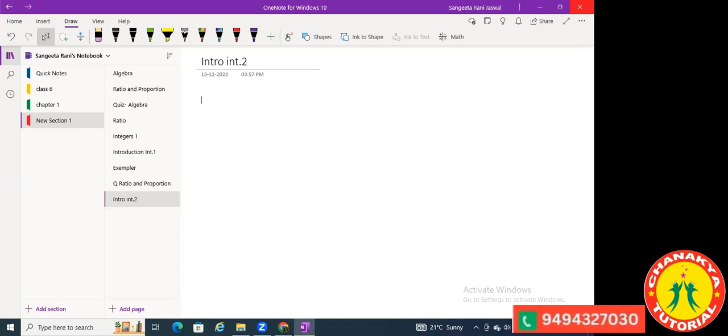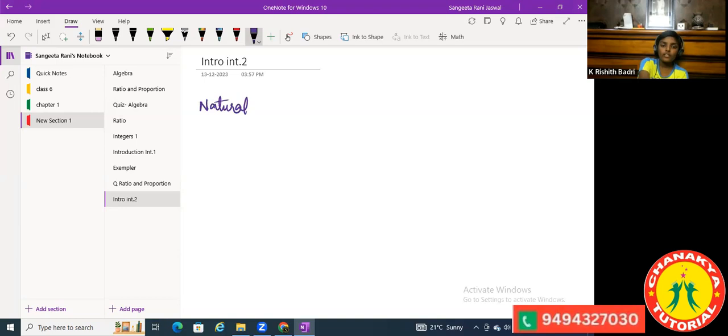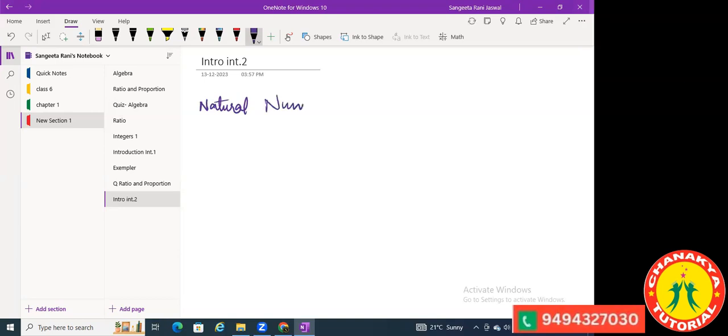Great. Listen now. Before we start with integers, just a small introduction on numbers. Natural numbers are numbers which begin from 1, 2, 3, 4, and so on, it goes on till infinity.